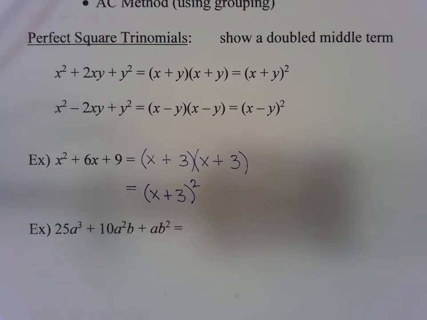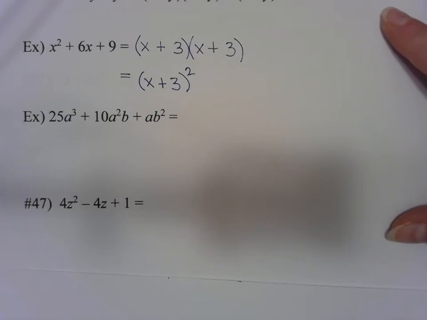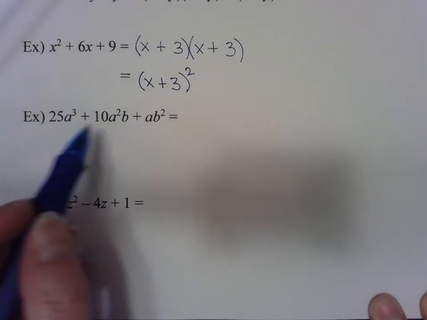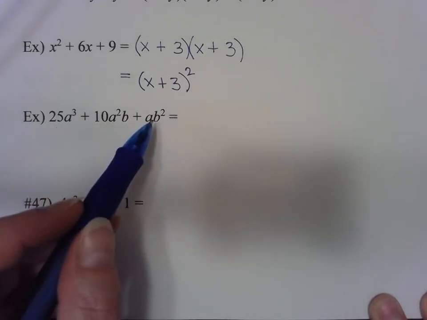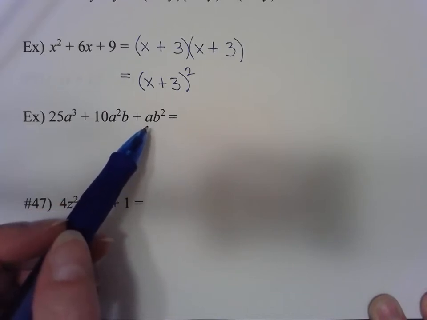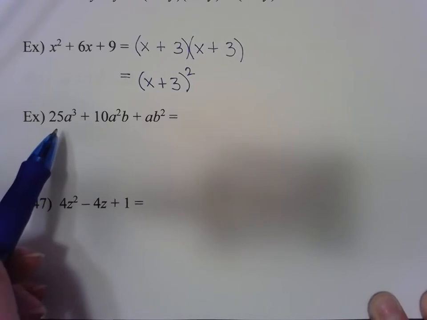Okay, how about a couple more? For the next one, this one actually has a GCF. It's good to think of GCF first. Remember, that's why we listed it as the first type of factoring. So what do all of these 3 terms share?